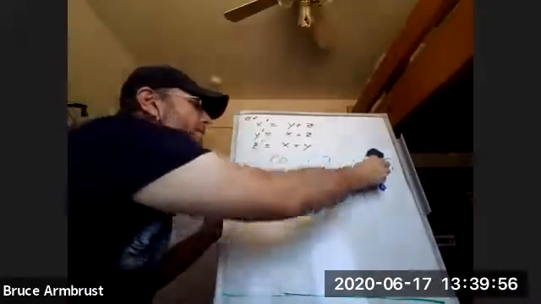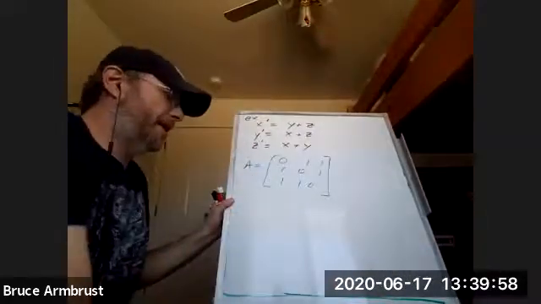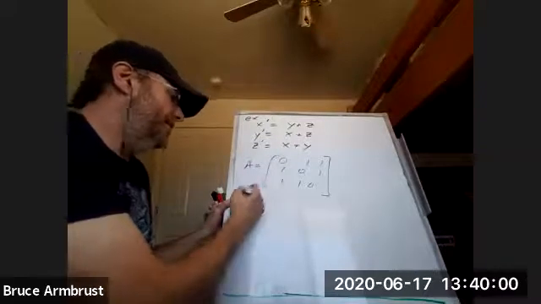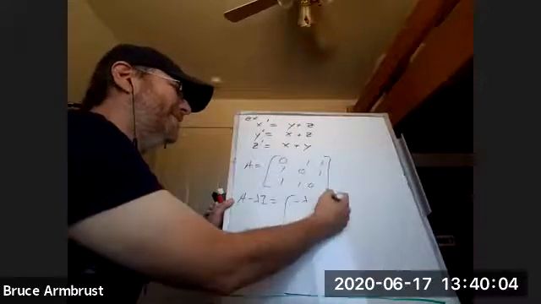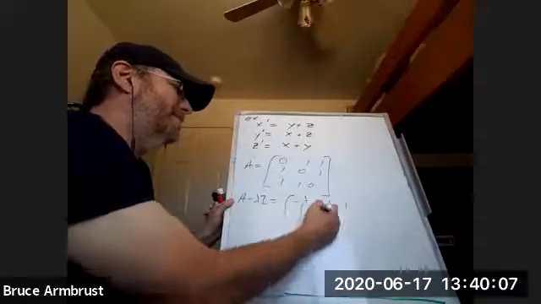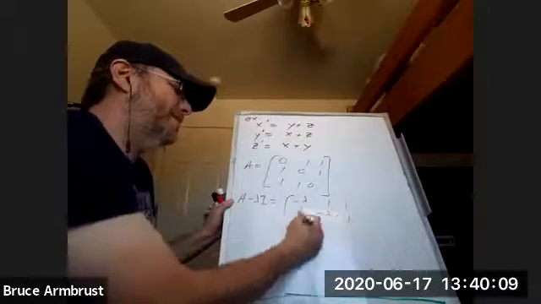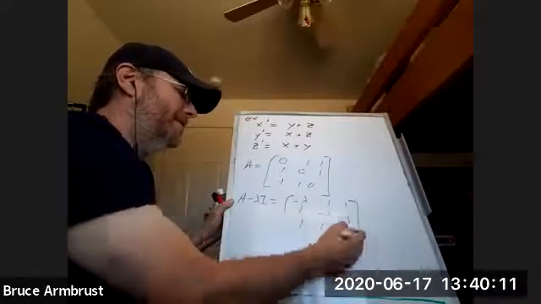I don't know why I'm going into row echelon form just yet. I need to do A minus lambda I first. Okay, so A minus lambda I is minus lambda, 1, 1, 1, minus lambda, 1, 1, 1, minus lambda. There we go.